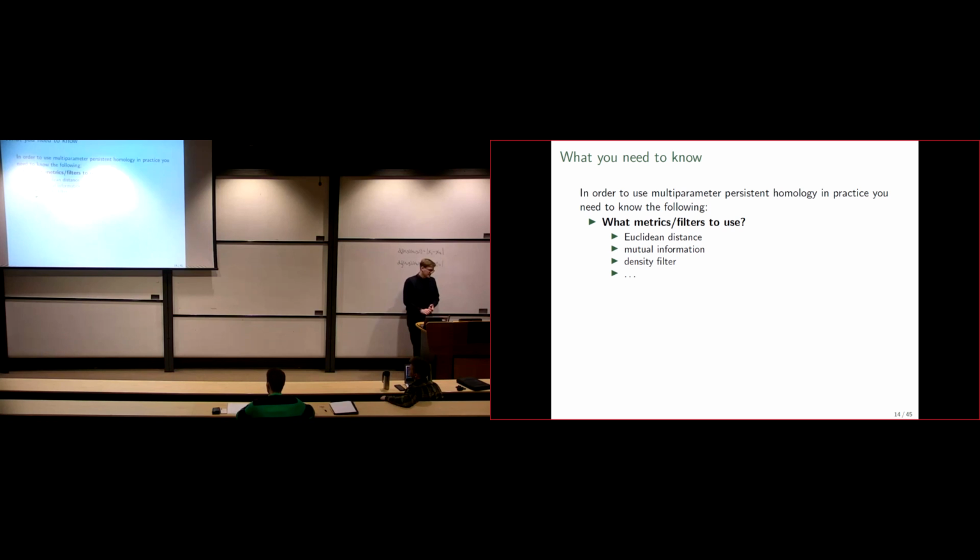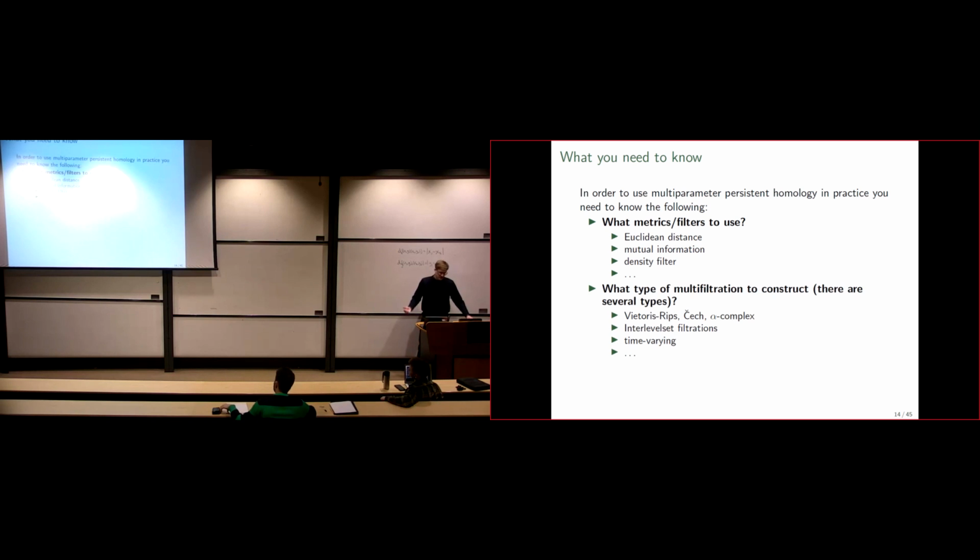So here are some examples of what you might use: Euclidean distance, mutual information, a density filter. You could also use time or whatever metric makes sense to your specific application. Then the multi-filtration is constructed by constructing simplicial complexes, and there's not just one way of doing this.